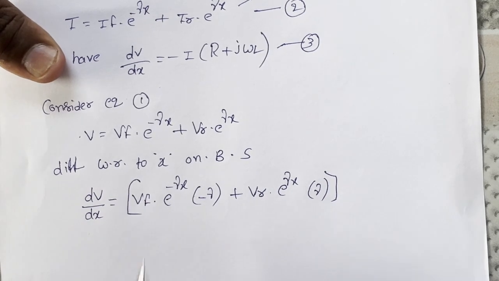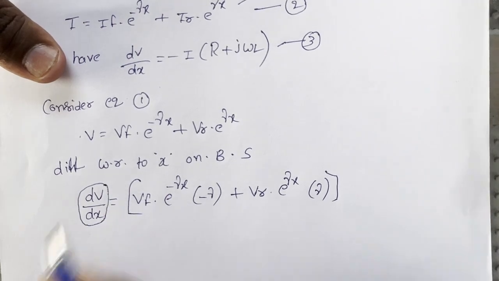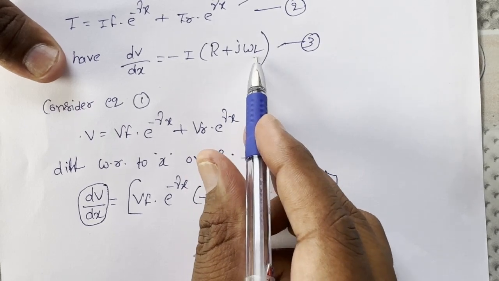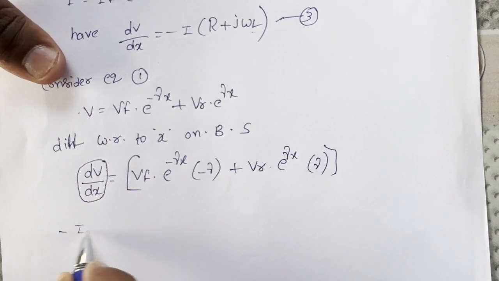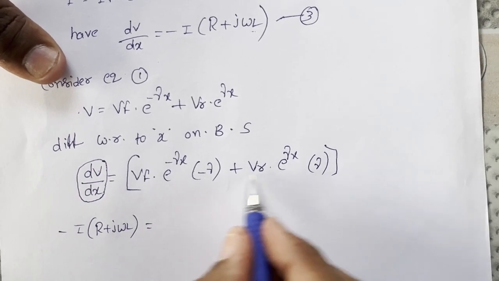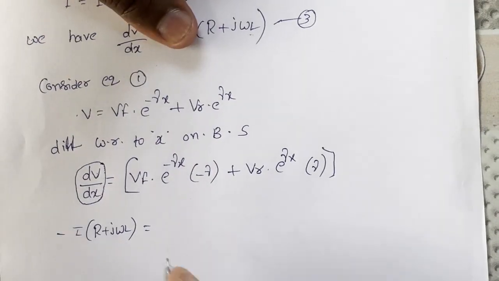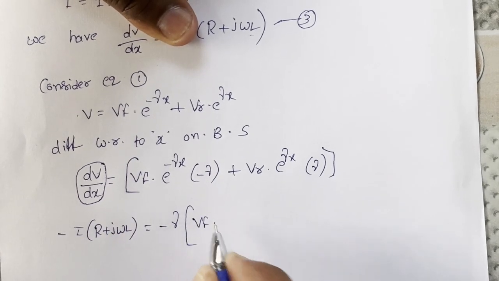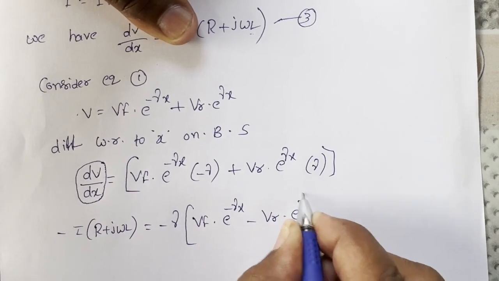Now from equation 3 we have the expression for dV by dx. Now substitute this value of dV by dx here. By substituting this value, minus I into (R plus j omega L) equal to, taking minus gamma as a common term, minus gamma into, the rest of the terms are Vf into e power minus gamma x minus Vr into e power gamma x.